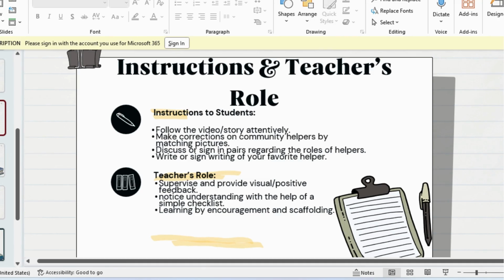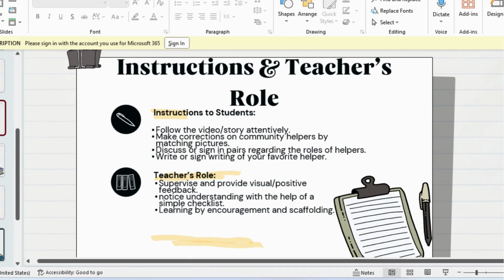Then they'll match pictures of helpers to the correct roles, for example, matching the nurse to the hospital or the firefighter to the fire truck. Next, they'll discuss or sign in pairs about the roles of each helper. This encourages communication and social interaction. Finally, they'll write or sign about their favorite helper, showing what they like about that person's job.